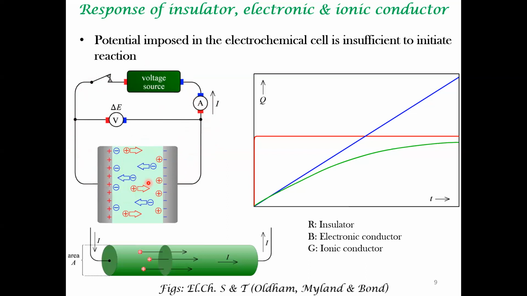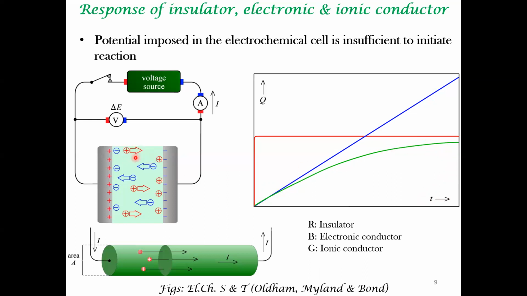So when you impose such a potential, you see the current decays with time. At infinite time, this current becomes zero, and the amount of charge that is transferred with time also becomes zero. Why?